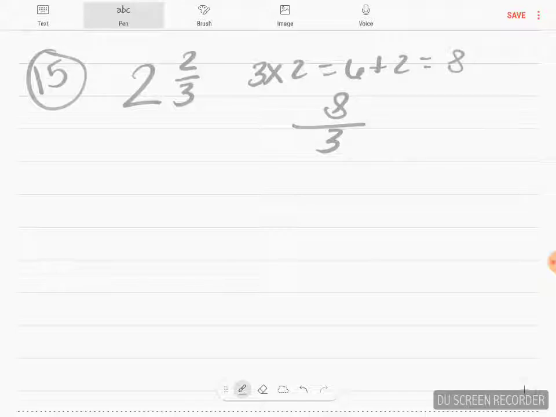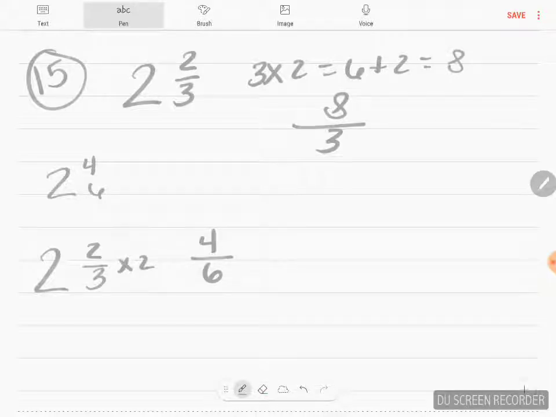Now, let's look at B. When I look at B, I see 2 and 4, 6. I can multiply that by 2, right? 2 2/3 multiplied by 2 gives me 4, and there we go.